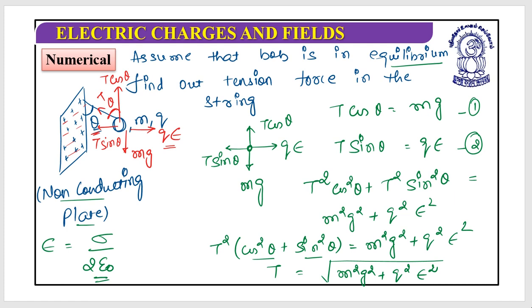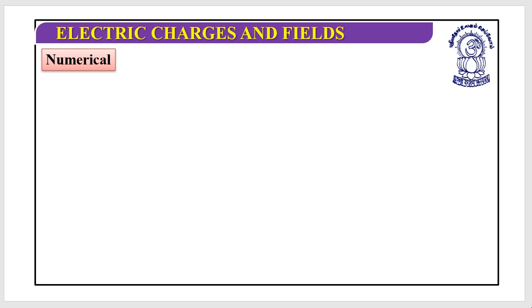Okay, shall I add one more question to this? The same question. Suppose the same diagram were given and you have been asked to find out the electric field E. This is the situation.